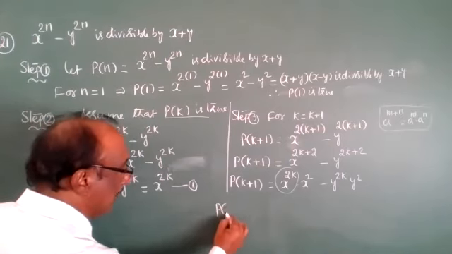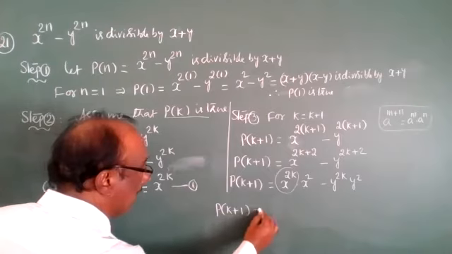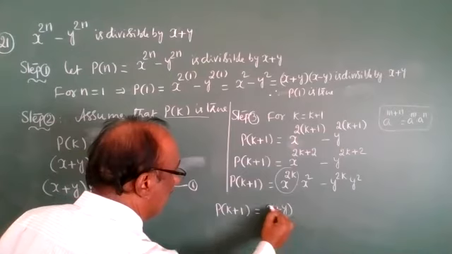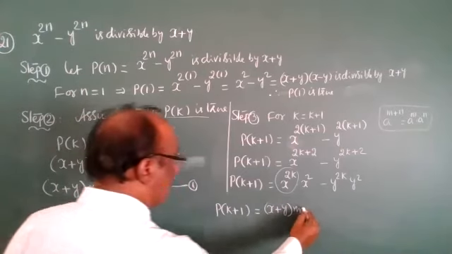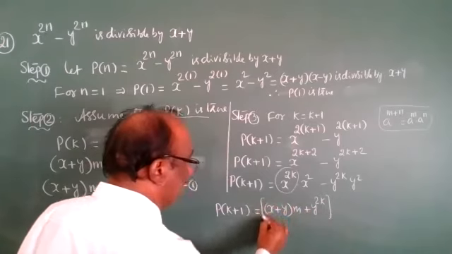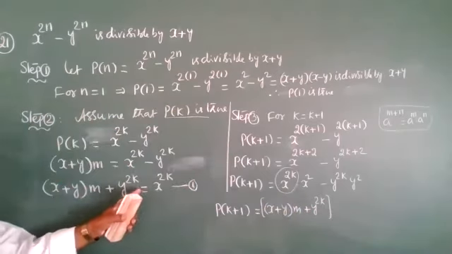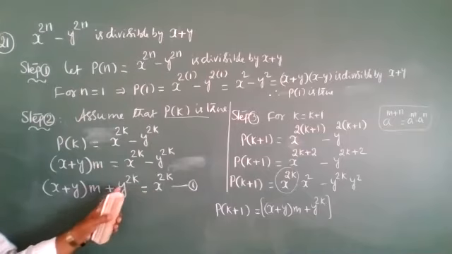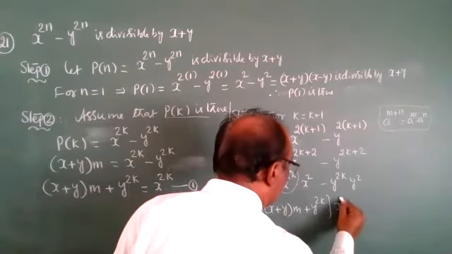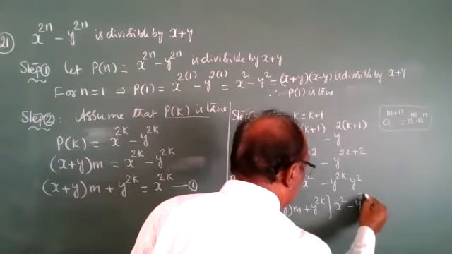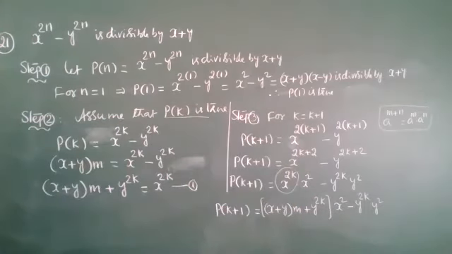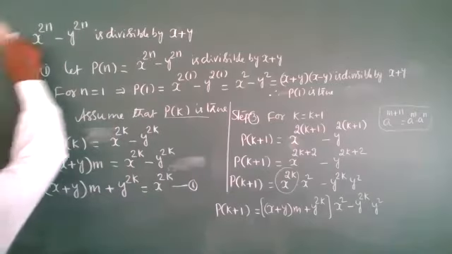P of k plus 1 is equal to (x plus y into m plus y power of 2k), which is the value of x power of 2k from equation 1, into x square minus y power of 2k into y square. Multiply x square and simplify, everyone.